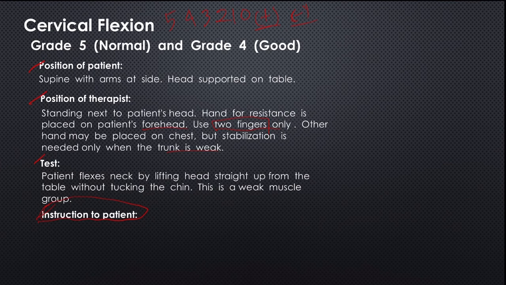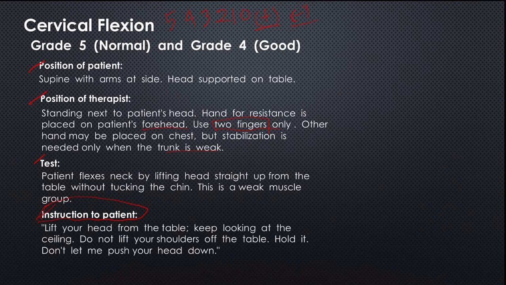So what should you be telling them? Simply tell them, this is just by the book. You can do it in your own words, for as long as you can convey the concept or the gist of the instruction or the test. So simply tell them, lift your head from the table, keep looking at the ceiling, do not lift your shoulders off the table.